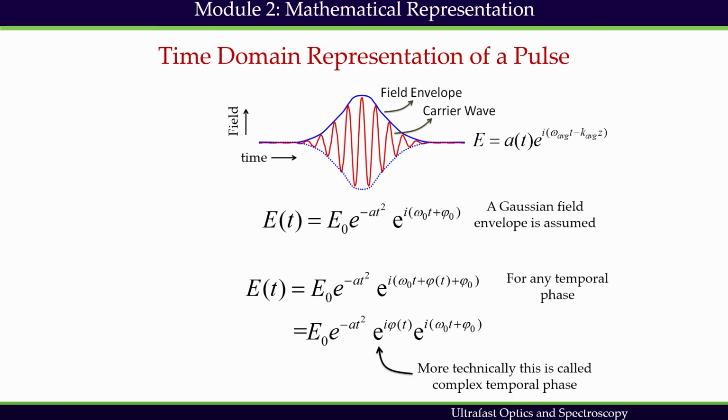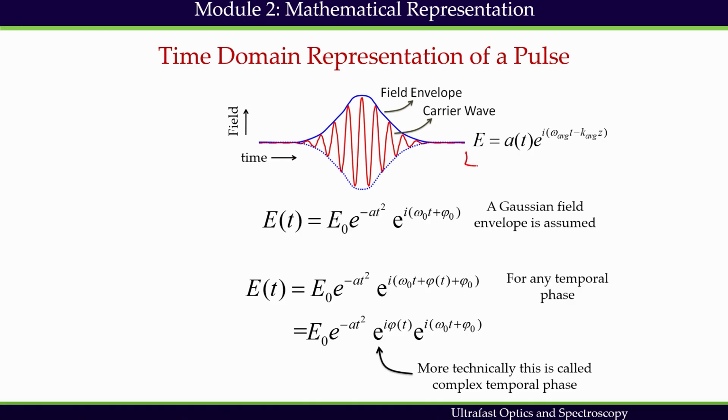We will present the frequency domain representation of a pulse very soon. However, before we go over the frequency domain representation, we will closely look at an important feature of the time domain representation. Under SVEA, that is the slowly varying envelope approximation, if a Gaussian field envelope is assumed, then we can write a pulse as E(t).